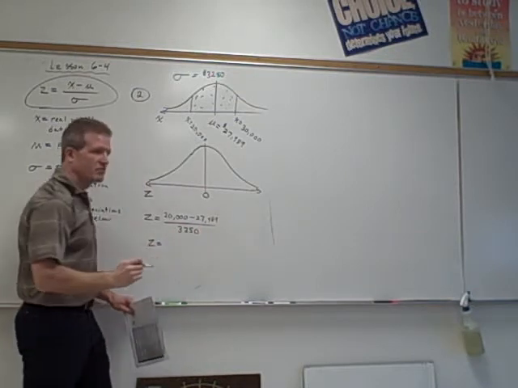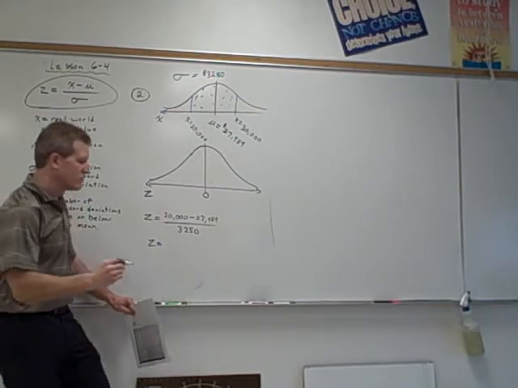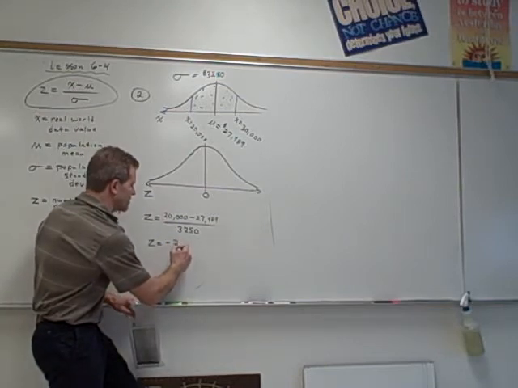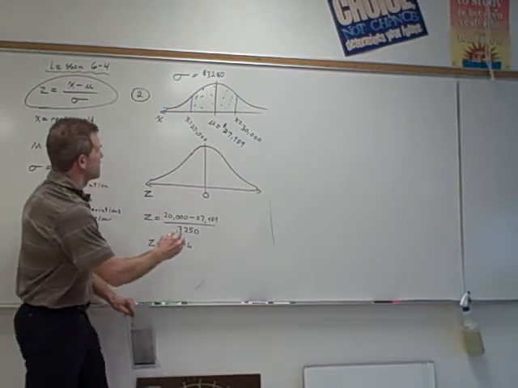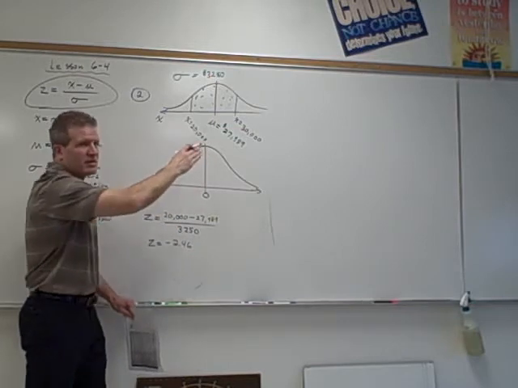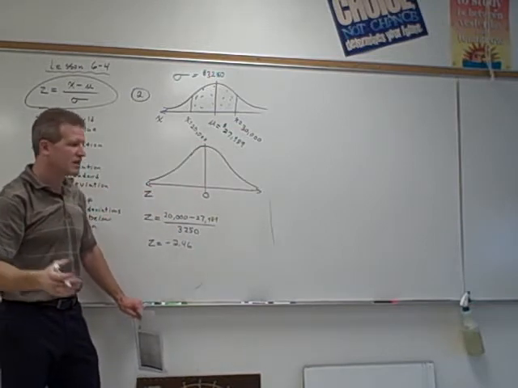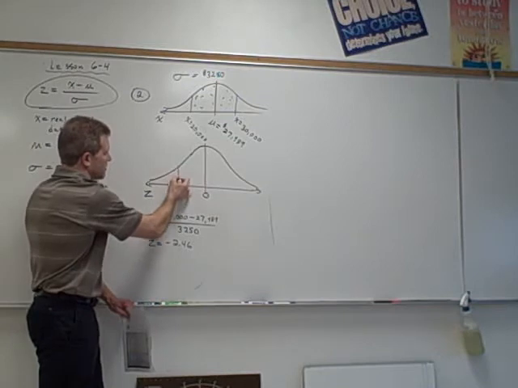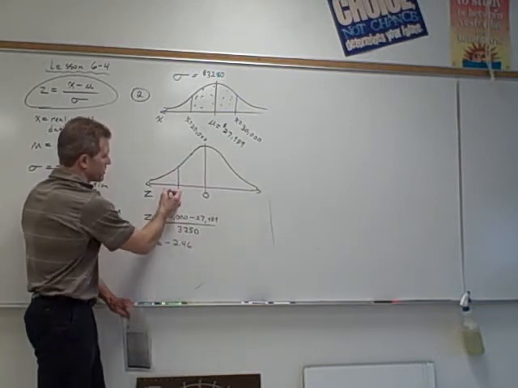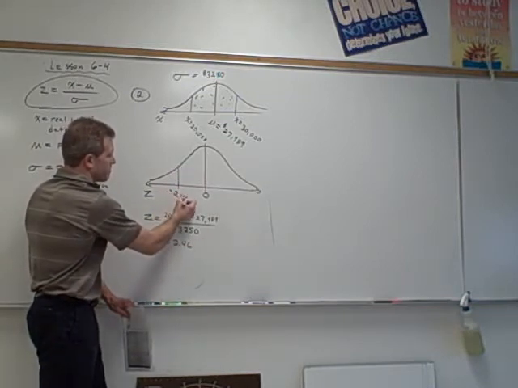Type that in your calculator. Does anyone know what that comes out to? Negative 2.46. So that's telling me that if the teacher had a salary of $20,000, that teacher salary is 2.46 standard deviations below the mean.